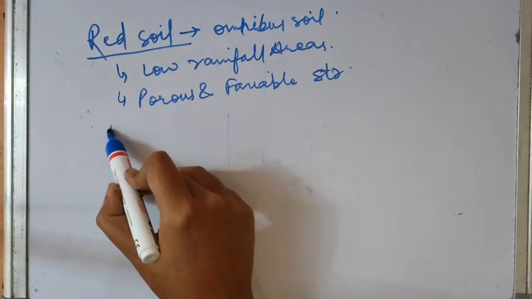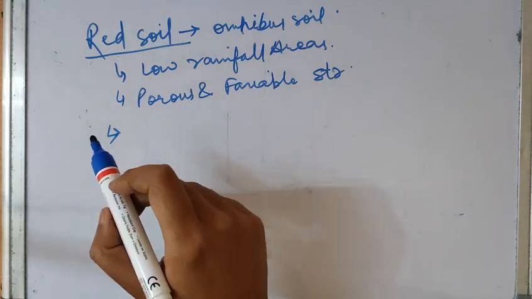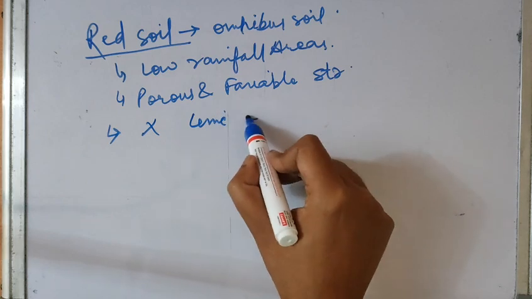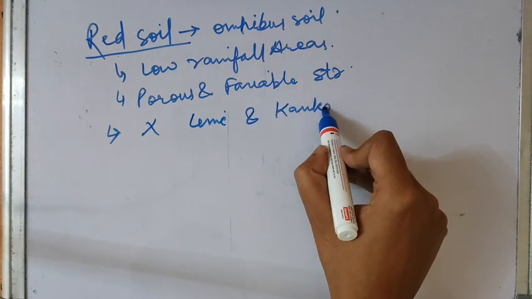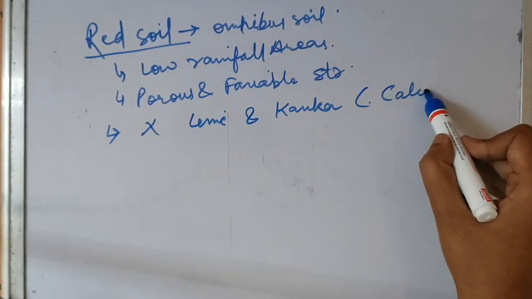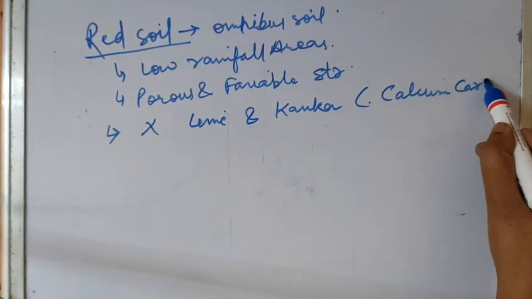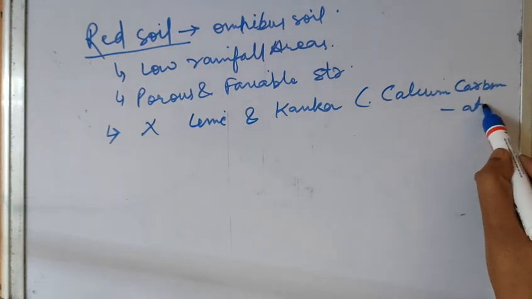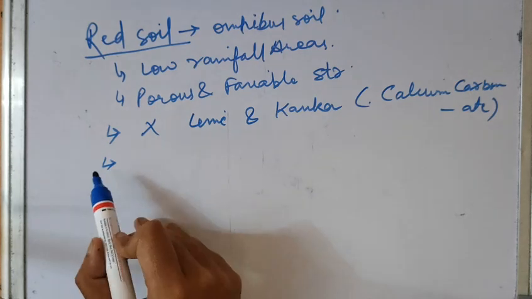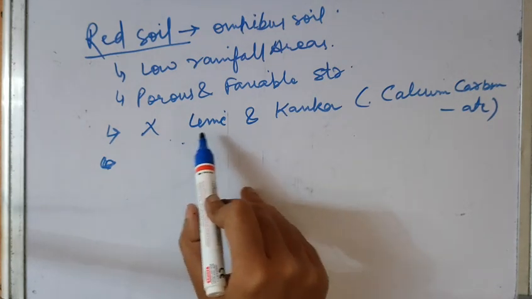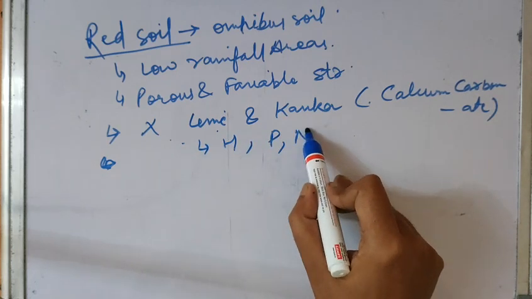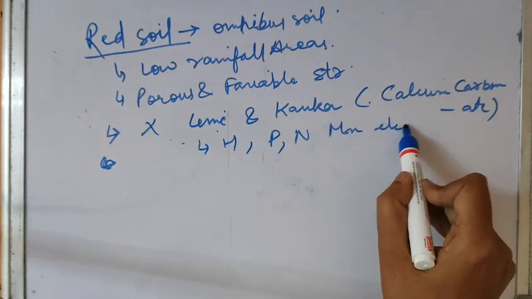Absence of lime and kankar. What is kankar? It is impure calcium carbonate. It is also deficient in lime, kankar, humus, potash, nitrogen, manganese, etc.